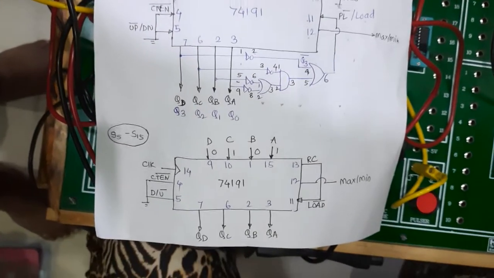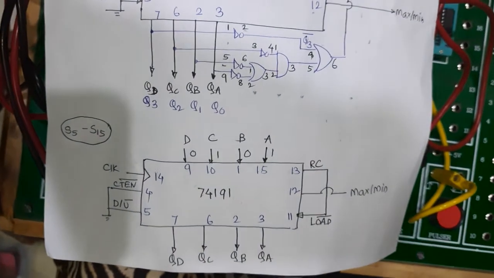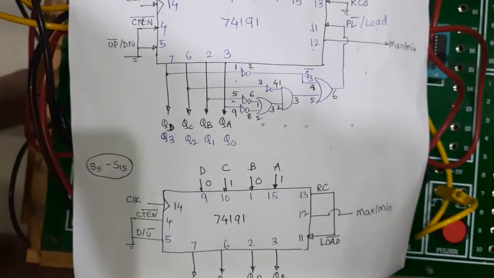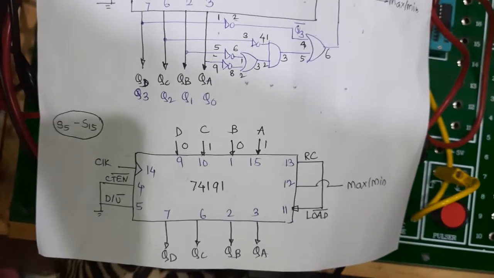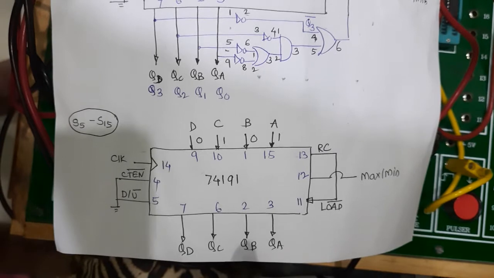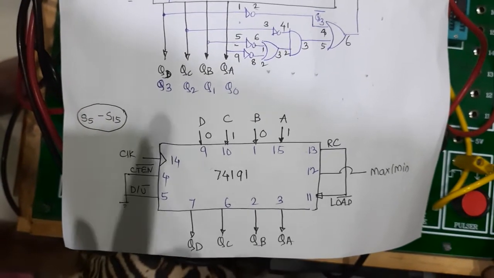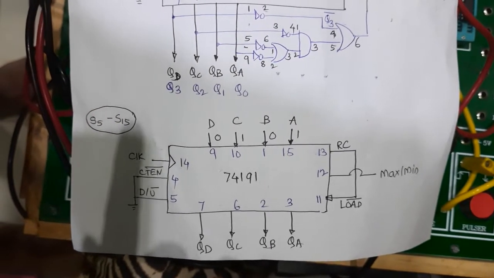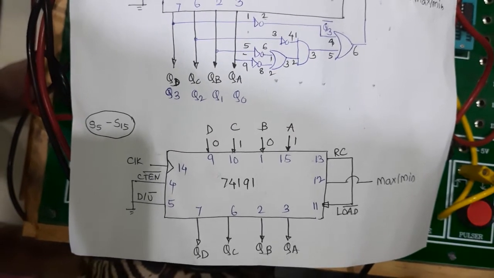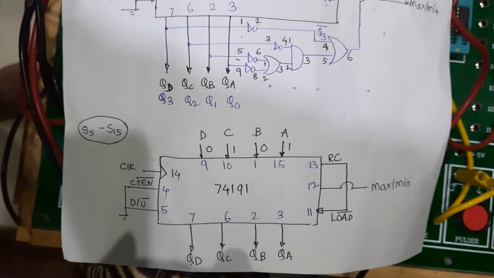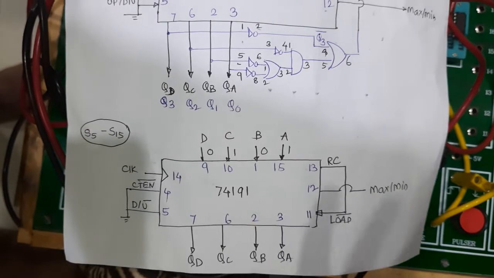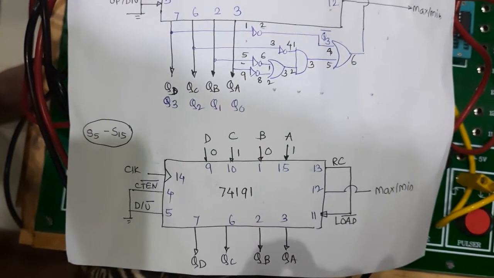Now here, what does RC mean? RC is the signal on which the 74191 sends 0 for a single clock pulse when it reaches its terminal count, that is 15. Whenever the count, by adding 1111 to the previous count, reaches 15, that is the terminal count. If I am using up counter mode, my terminal count will be 15, so whenever the terminal count is reached, for a single clock pulse the RC signal will go low.